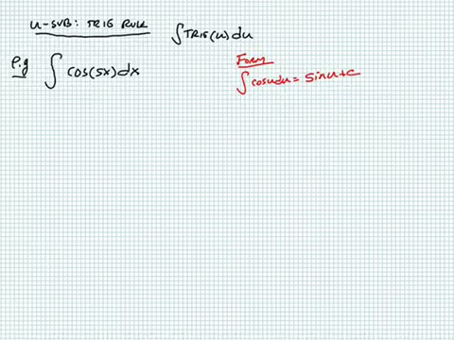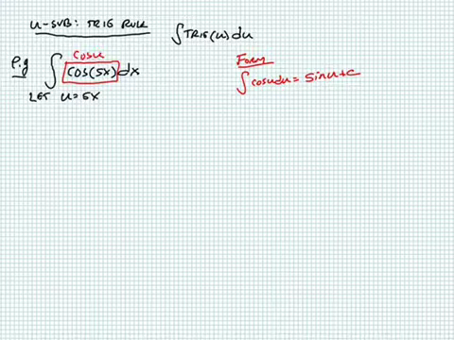I'm going to go back to my antiderivative, and my u is going to be what's inside the cosine, so that's 5x. I'm going to let u be equal to 5x. If I do that, then this first term becomes cosine of u.